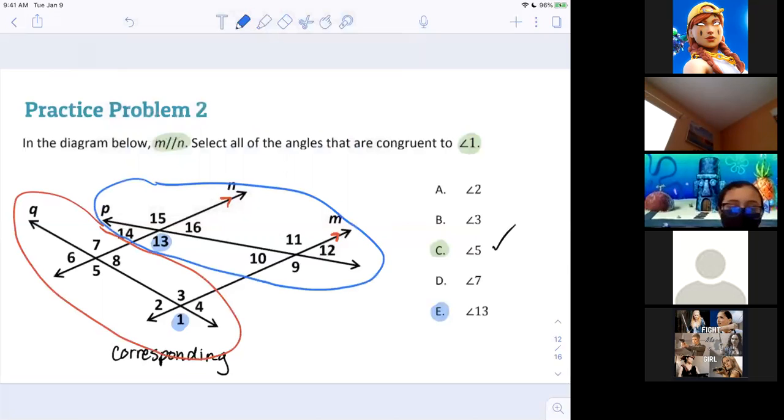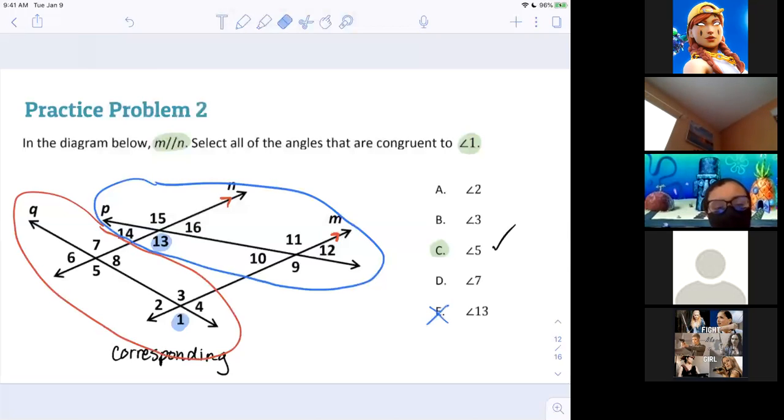It's like we're separating them into two separate situations. One situation is where Q is the transversal, and the other is where P is the transversal. So angle 1 and angle 13 are located in completely different worlds from each other. There is no relationship between them, so I can't tell you whether they are equal unless they told me. So this one was actually incorrect.